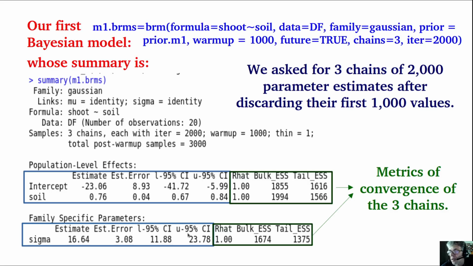This is what I need to explain separately. We need to interpret first whether the 3 chains converge to the same or rather similar posterior distribution. Then we merge the 3 chains and we have the complete analysis of the results. So let's analyze first the metrics of convergence of these parameters.